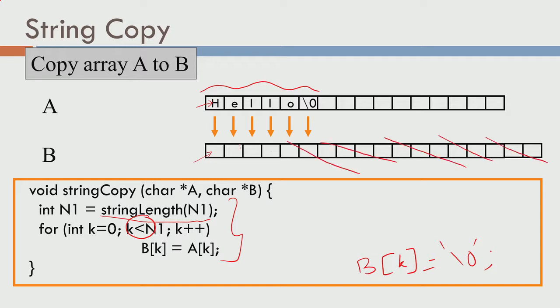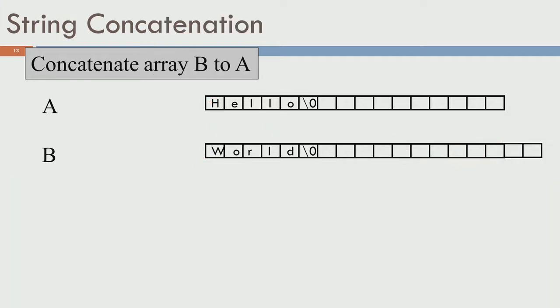I would have copied H, E, L and L, but I did not have enough space for O and \0. This would be a disaster, because my array has lesser space than what it really needs. This is something that you have to handle explicitly. If B has lesser space than A, what does it mean to say copy the contents of A to B? You have to be careful about that.